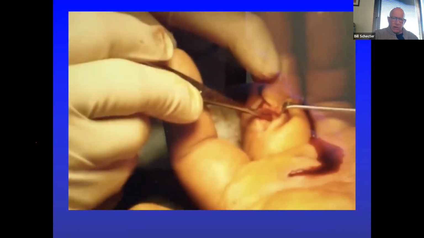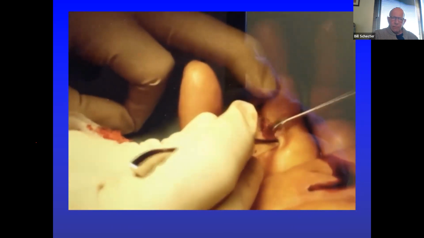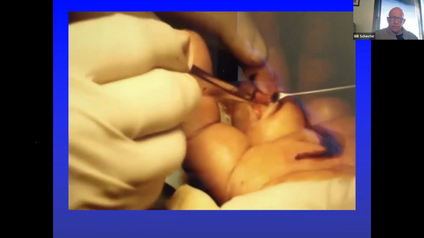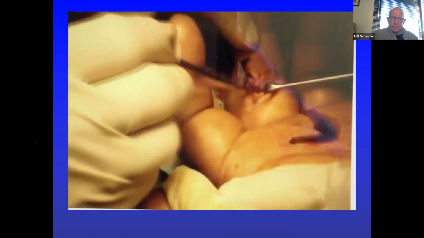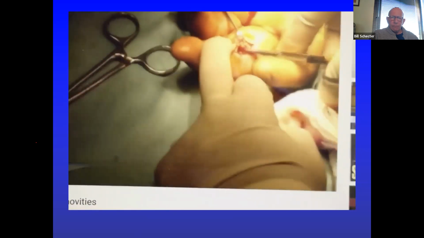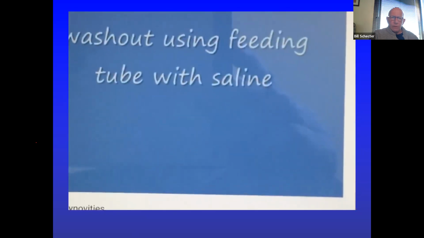Okay, there they've got their retractors in. Now they're exposing the flexor sheath. All right, there's the flexor sheath, that little white area there. He's exposing it.